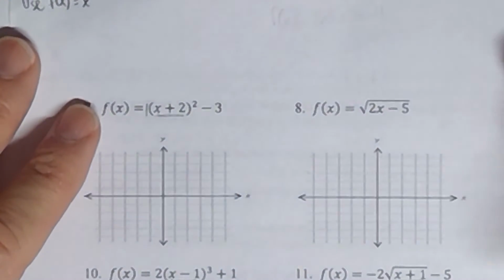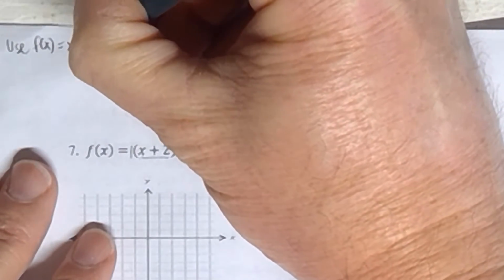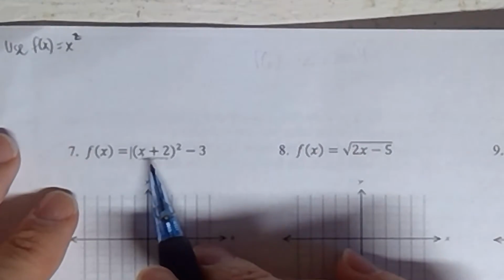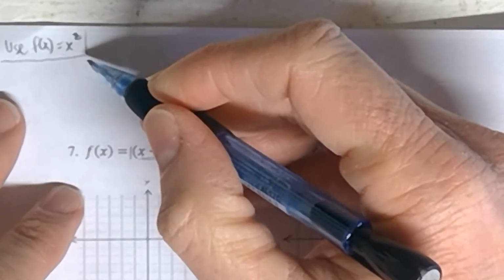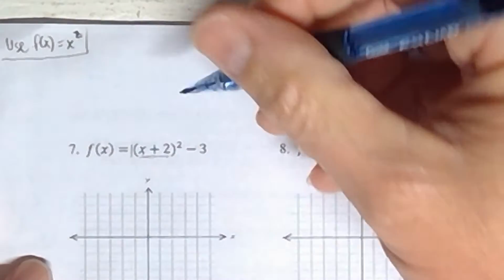All right, the next 4 problems after that will not be like that, but we're going to base it off of that. Okay. Now, what is being squared here, now that we've established that it's going to be x squared that we base this off of? The thing that's being squared is x plus 2.